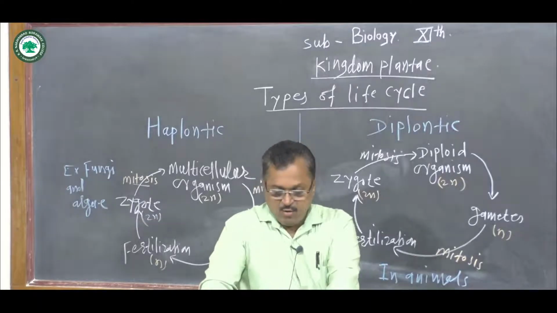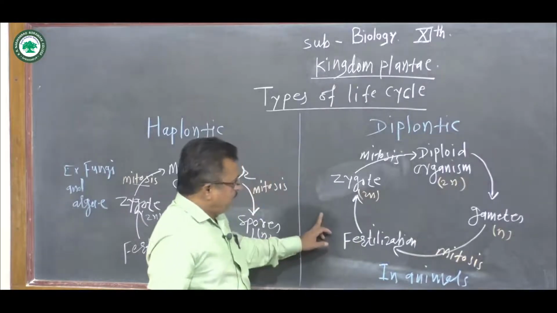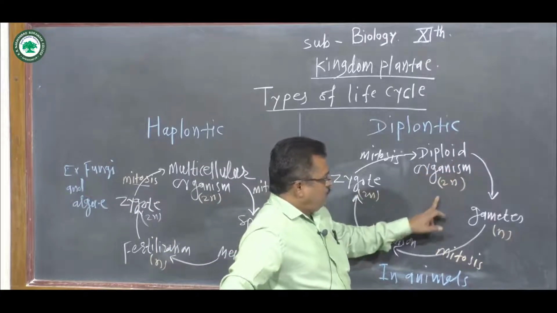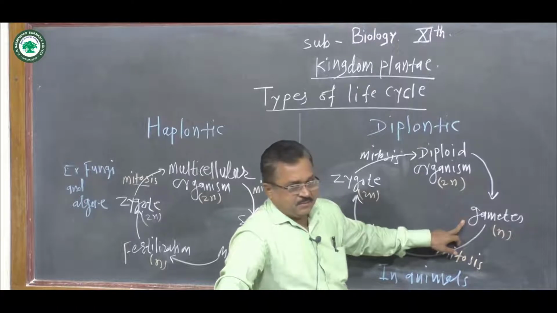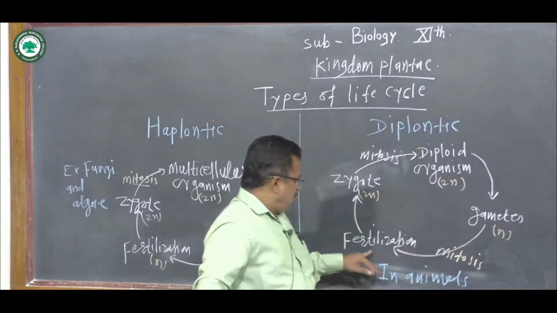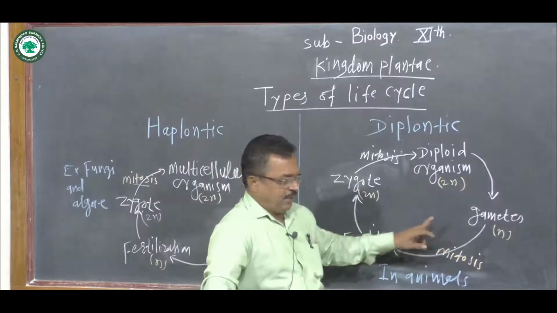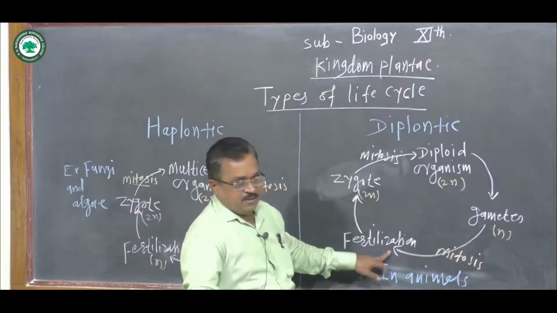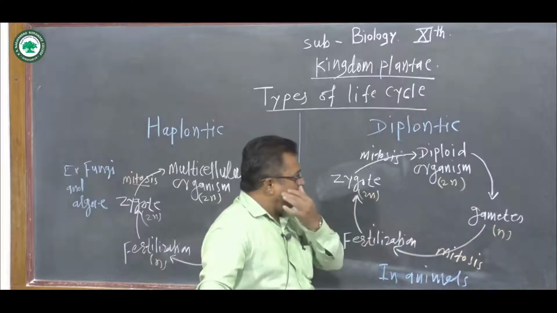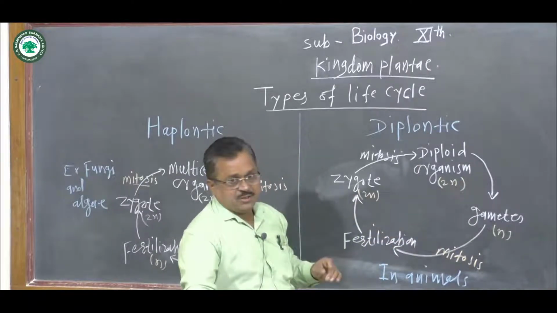The diploid zygote is divided mitotically. Here the diploid organism produces the gametes, and these gametes fuse to each other, that is fertilization occurs. Gametes are formed by meiosis.